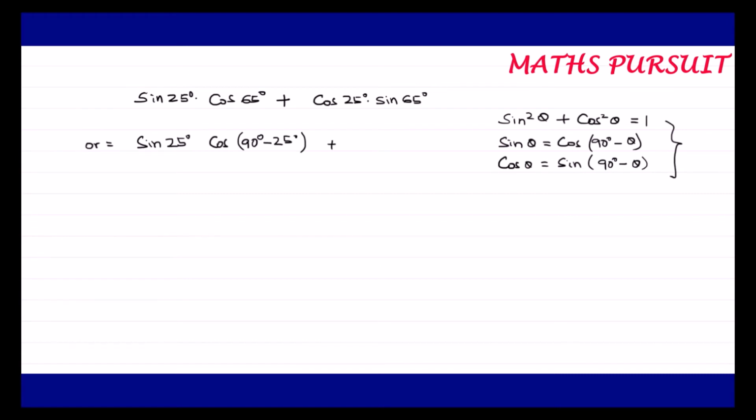Similarly cos 25 degree, I will keep as it is, and this sine 65 degree I will write sine of 90 degree minus 25 degree, because 90 minus 25 is 65.